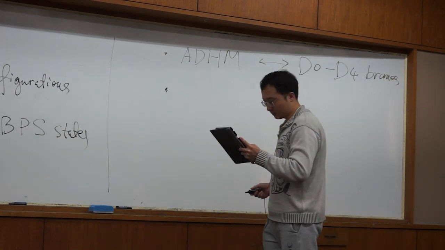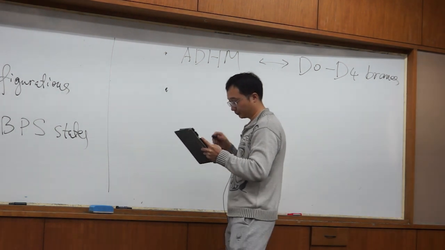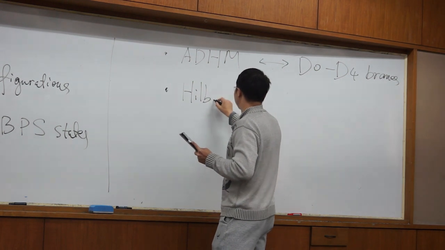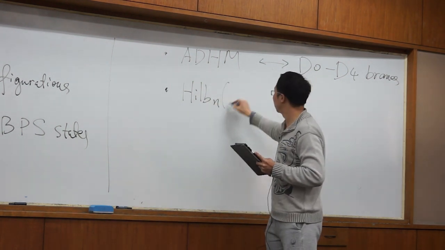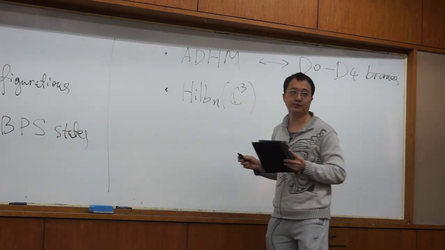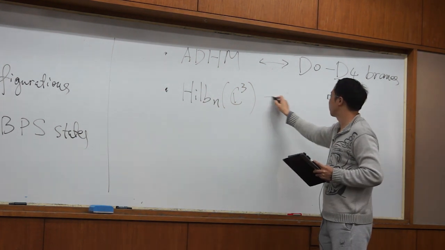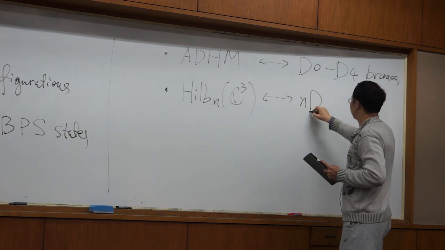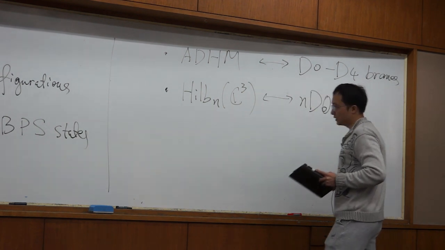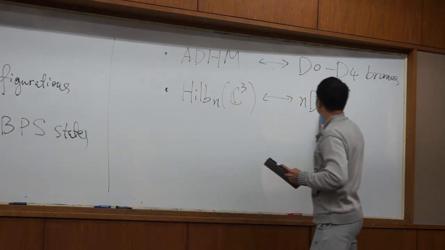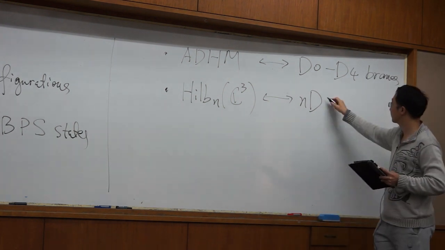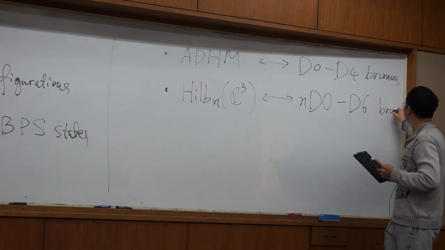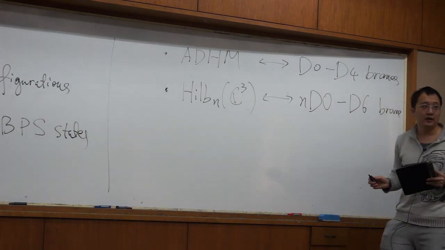Another example is the Hilbert scheme of points on C3. This moduli space has a close relation with the brane system of N D0 branes probing one D6 brane.